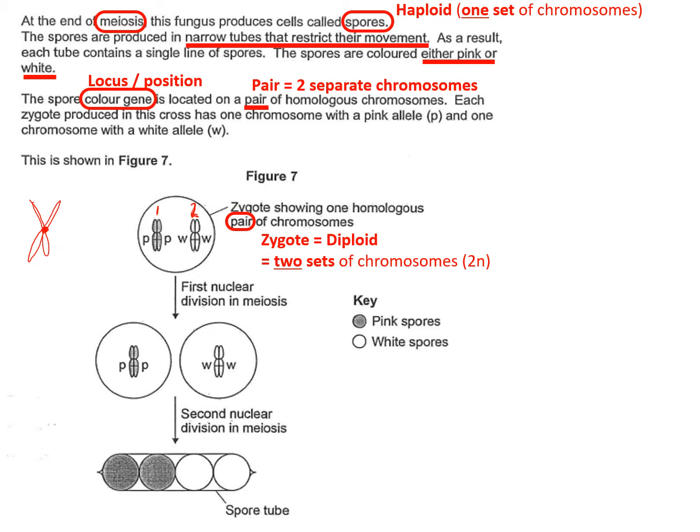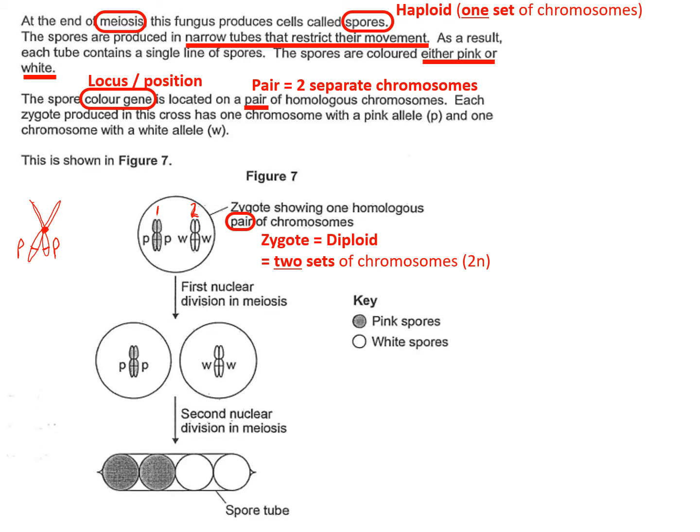So you can see that hopefully there's two identical sister chromatids, which are two separate but identical molecules of DNA attached to the centromere. So if you look at the allele on the left here at that locus, because the other sister chromatid is an exact duplicate of the first molecule of DNA, there's going to be that identical pink allele on the other sister chromatid.